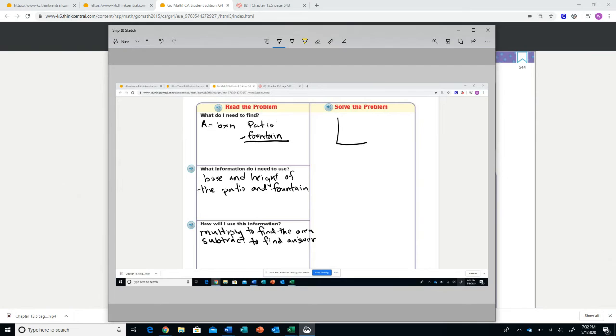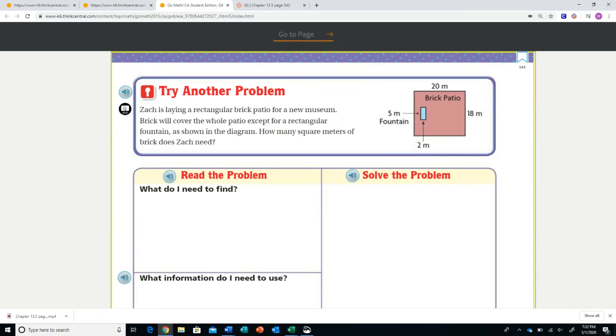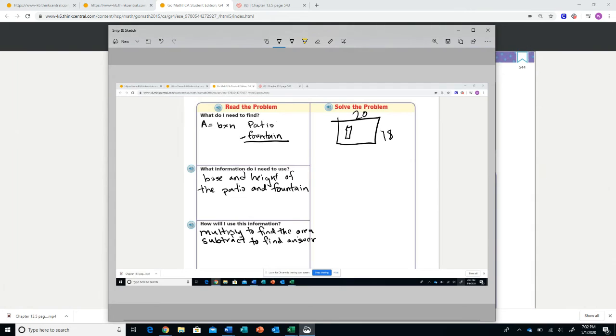So we have the larger patio, which is 20 by 18. And then the fountain, which is 5 by 2. So it becomes pretty much just a multi-step multiplication problem.